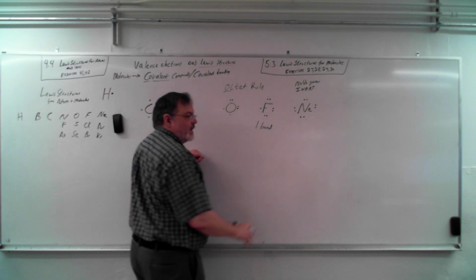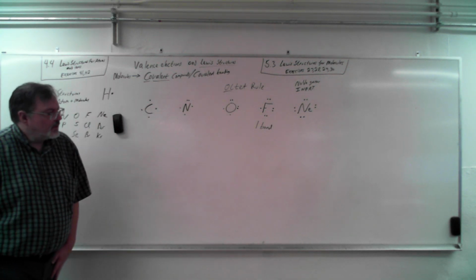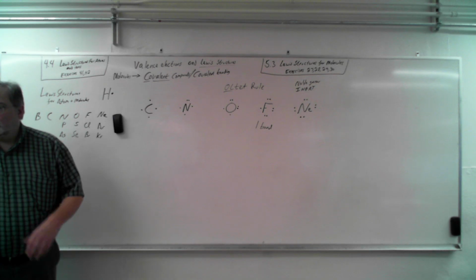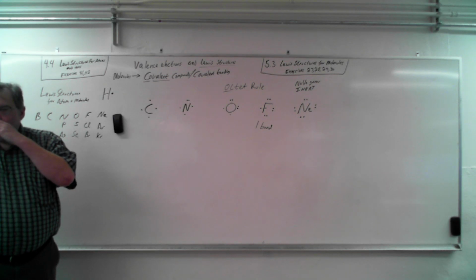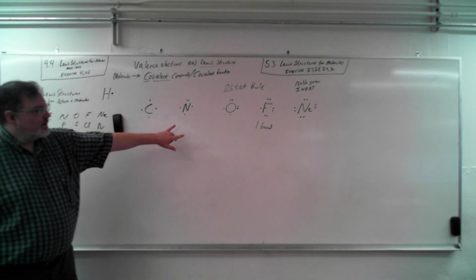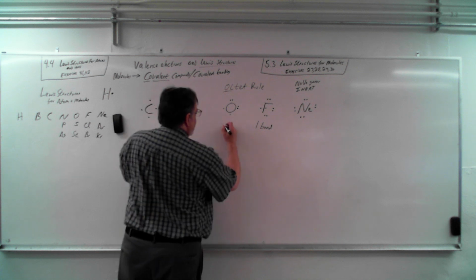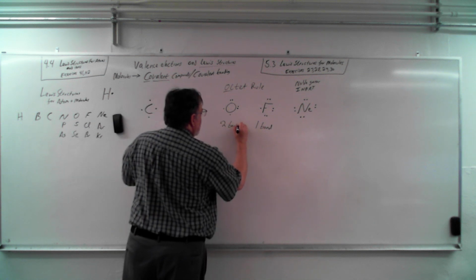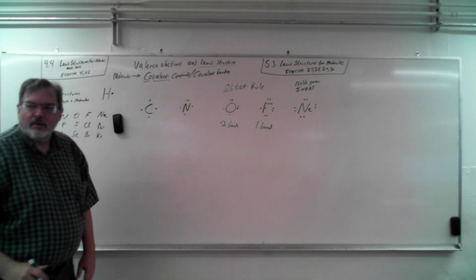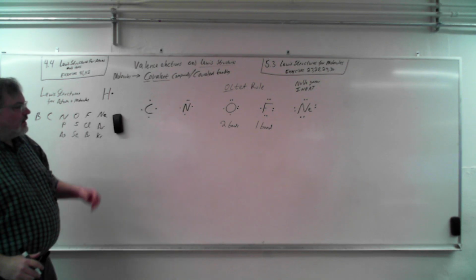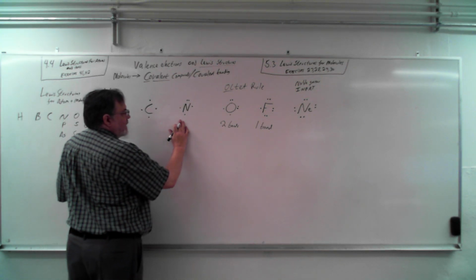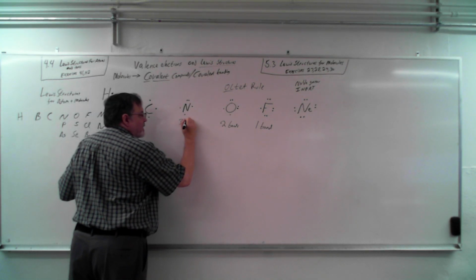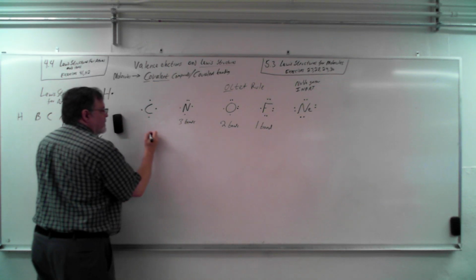And I mean here covalent bond, not ionic. How many bonds can oxygen make? It's obvious just looking here. There's two unpaired electrons, so two bonds. Oxygen pretty much always makes two bonds. Nitrogen, how many bonds will that make? This will make three bonds. How many will carbon make?